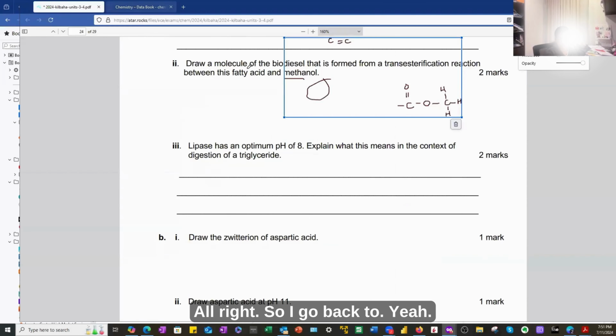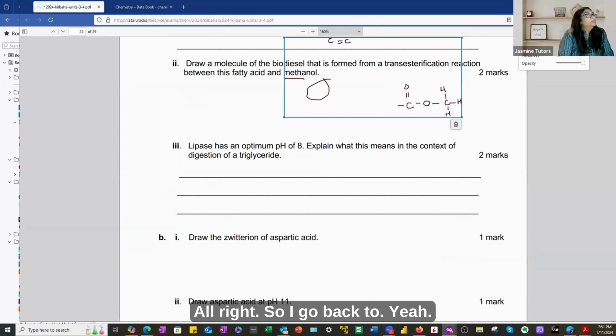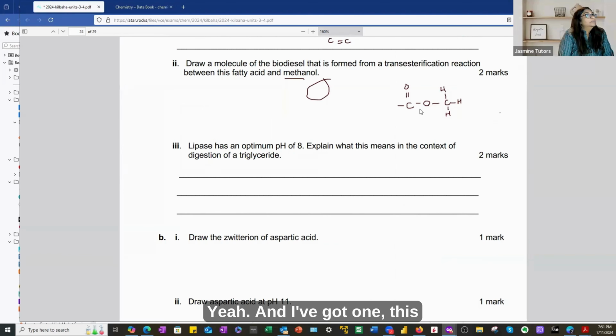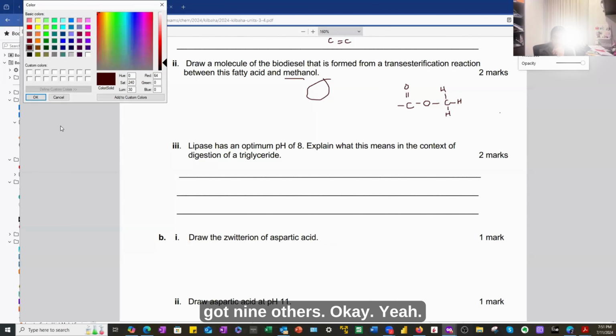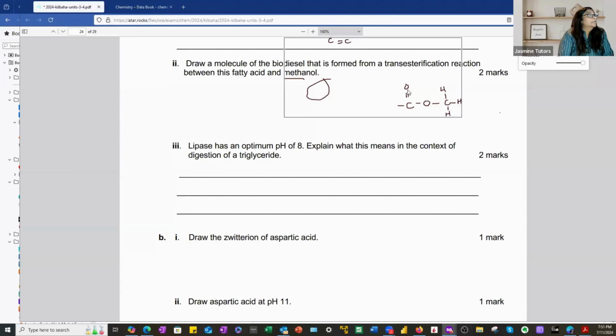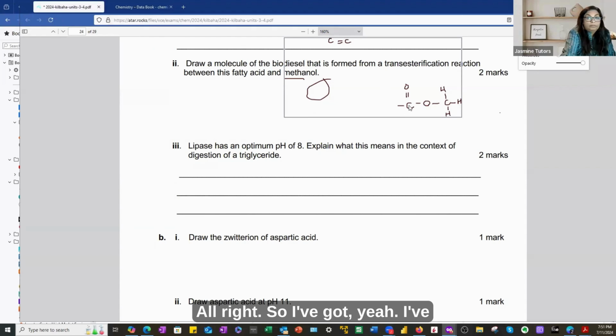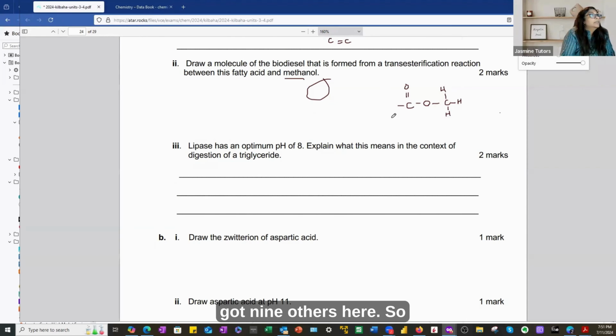So I go back to here and I've got one, this one is one, then I've got 9 others.